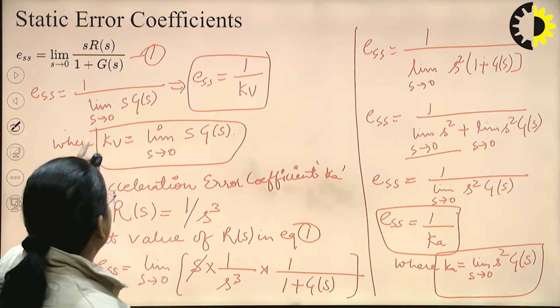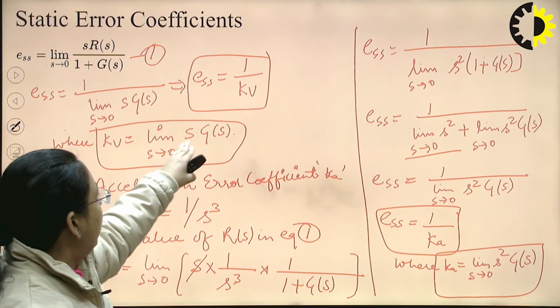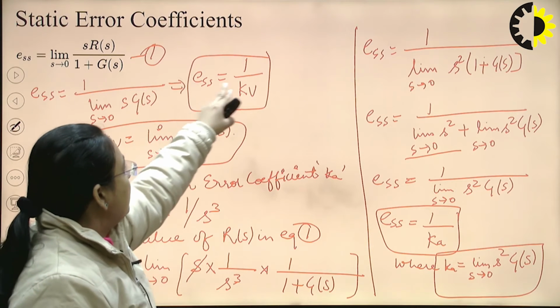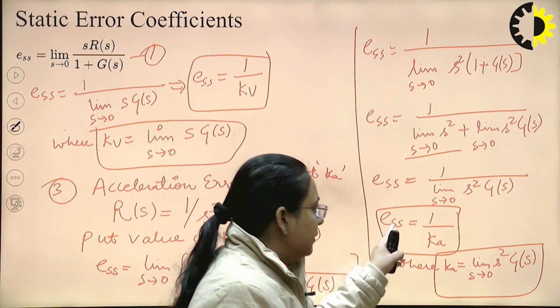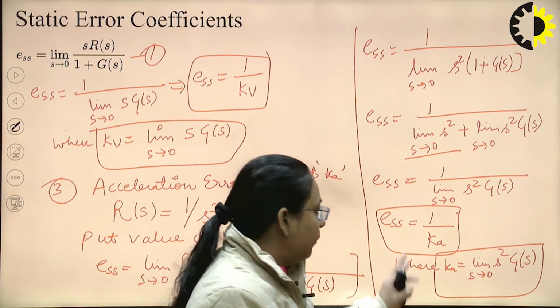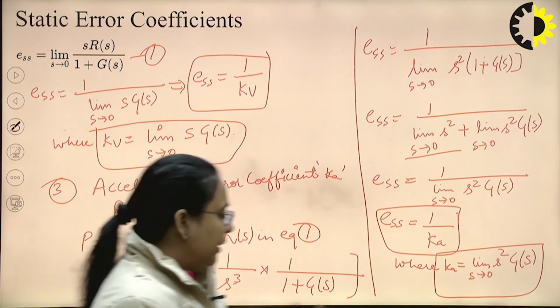So for Kv it is limit s tends to 0 of s into GS, where ESS will be 1 upon Kv. For the acceleration error constant, the steady state error comes out to be 1 upon Ka, where Ka is equal to limit s tends to 0 of s square into GS.